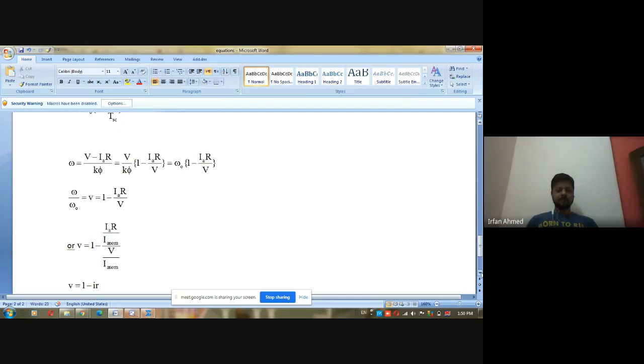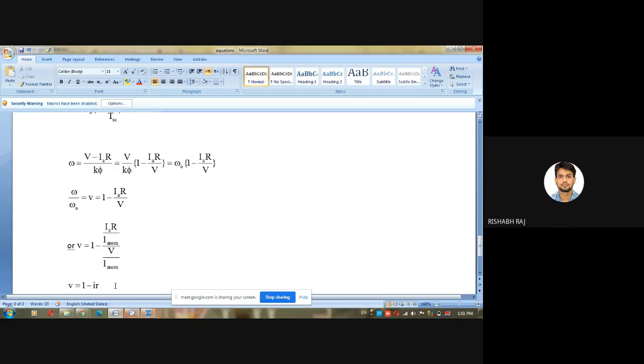That is why this equation now becomes v is equal to 1 minus small i into small r, where small i is the per unit armature current and small r is the armature resistance in per unit. Okay, is this clear?